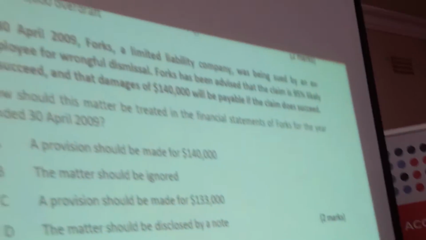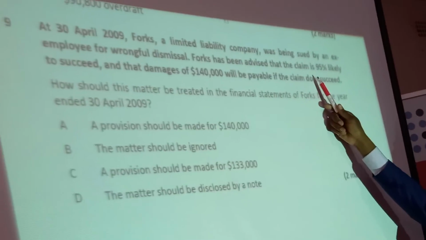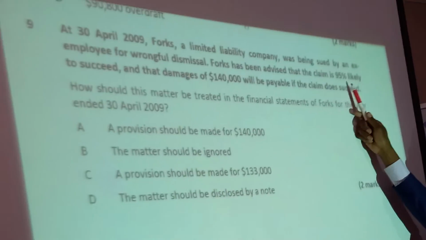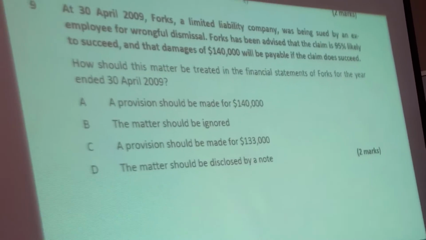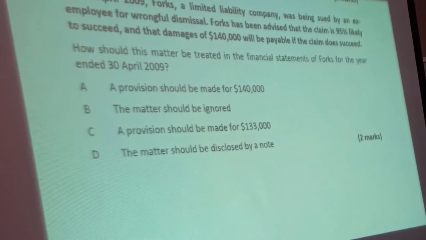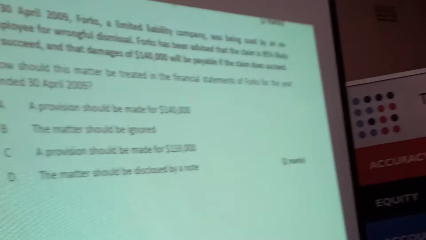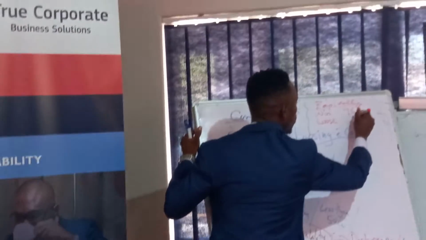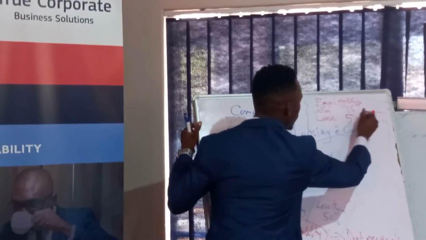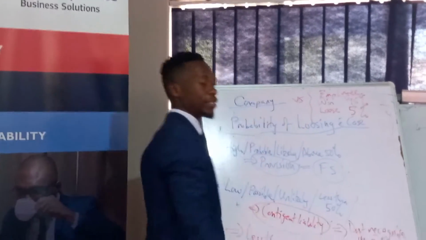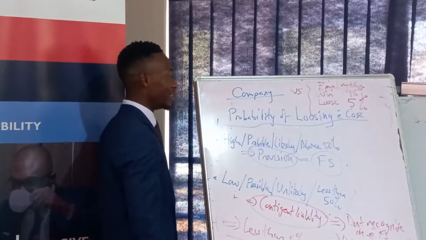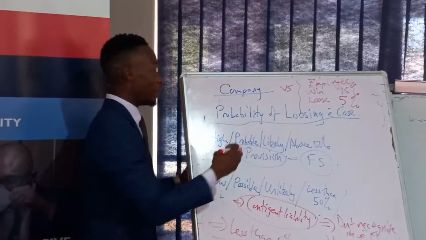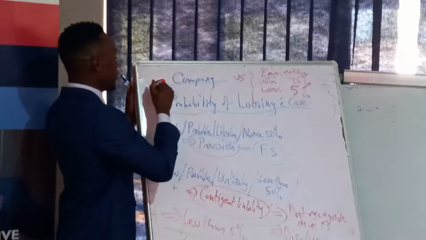They are saying the claim that the employee is making is 95% likely to succeed. 95% of winning, meaning to the employee in terms of losing is what? 5%. To the employee. Now we are back to the company.